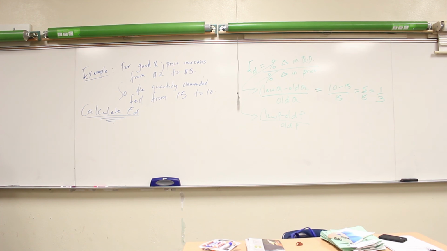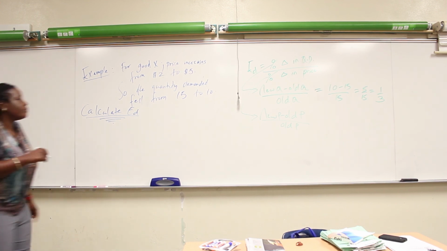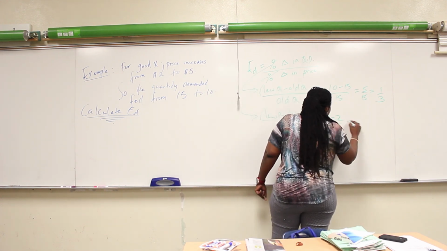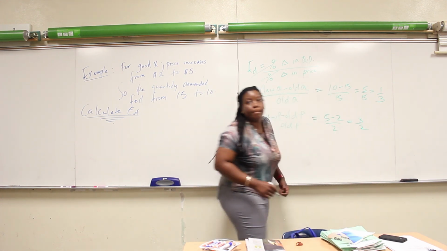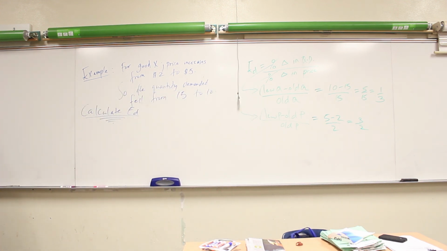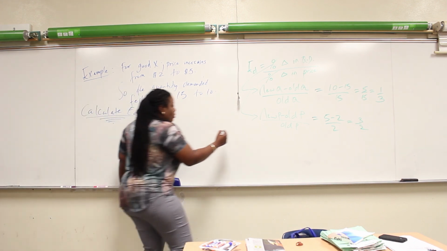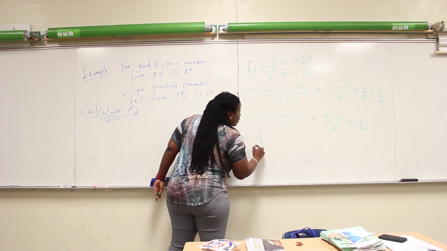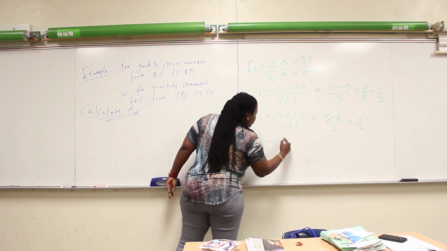That the new price is $5? We got the top, we got the bottom. If you want E of D, you got the top, and you need to divide that by the bottom.